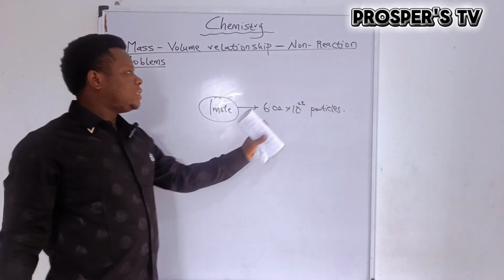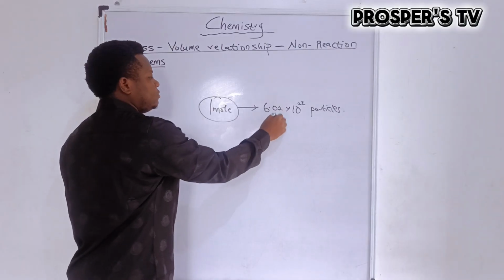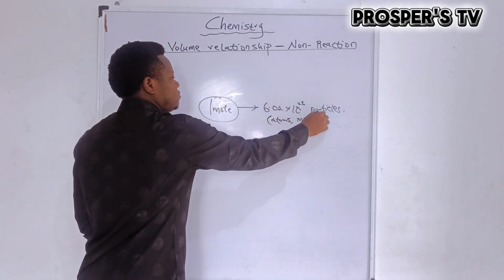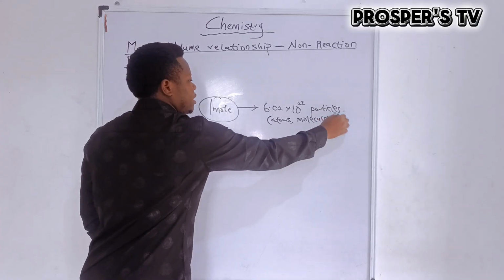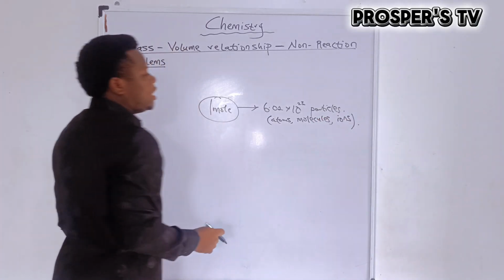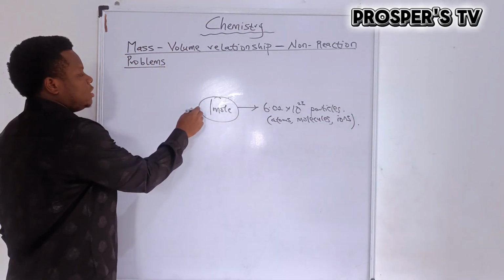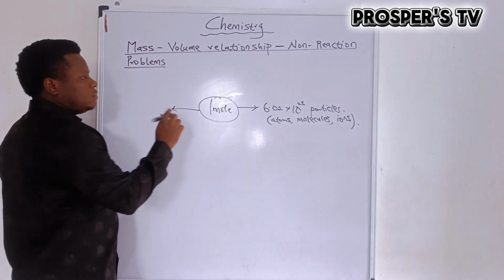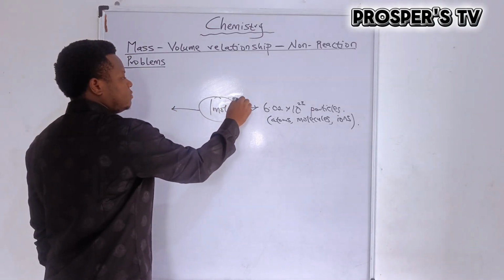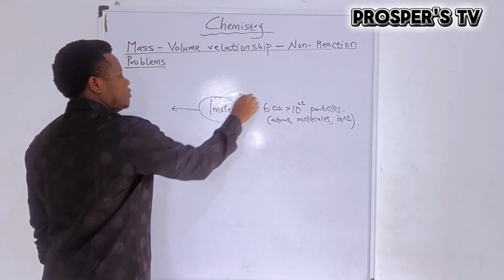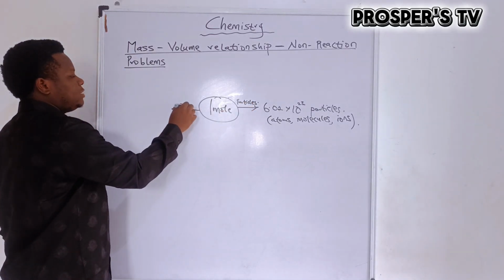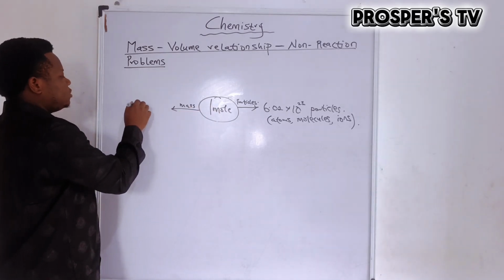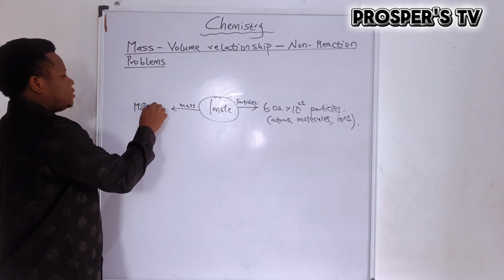The elementary particles we said are atoms, molecules, and also ions. Those are your elementary particles. Then we also said in terms of mass, the mass of 1 mole of a substance is actually called the molar mass of that substance.